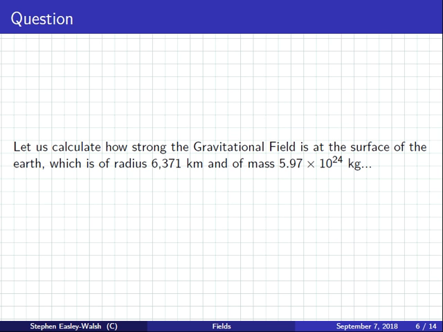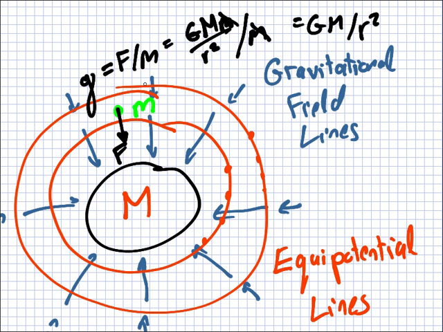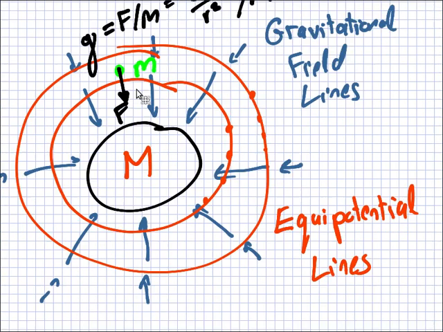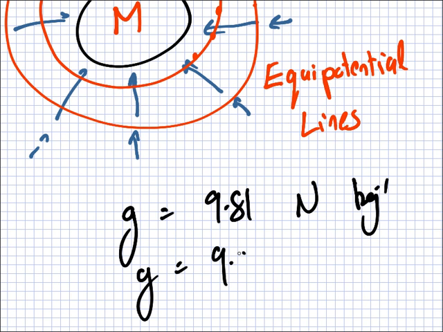Where have we seen that number before? So this G, which is newtons per kilogram, is the same as this G. They're the same.